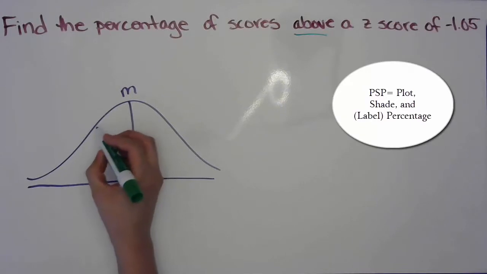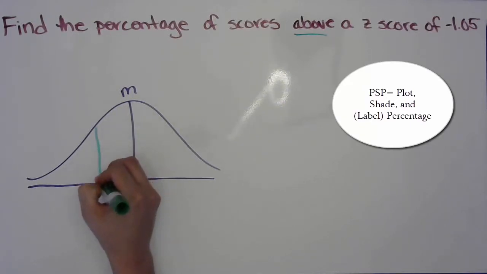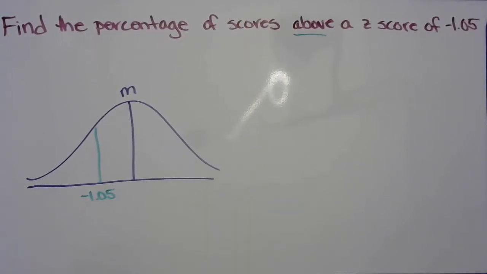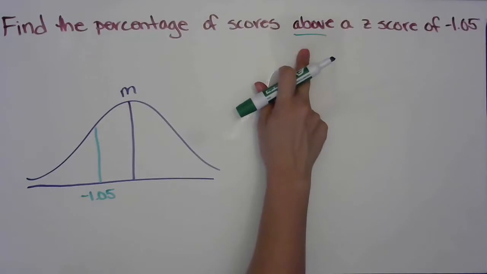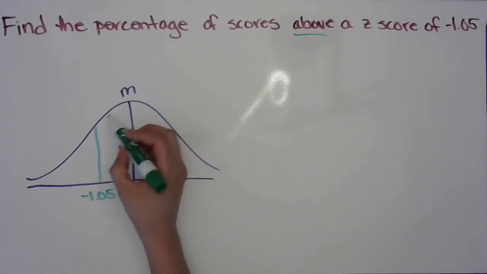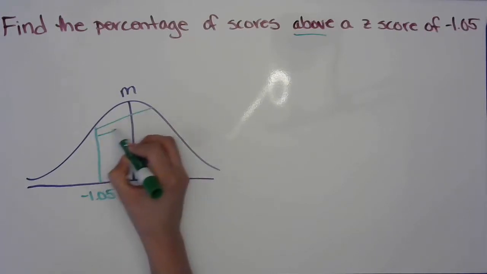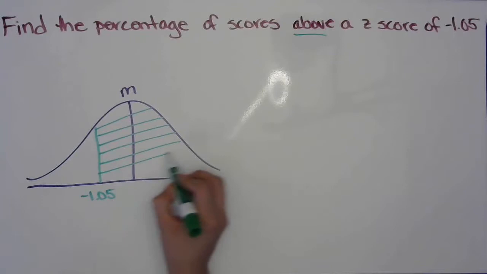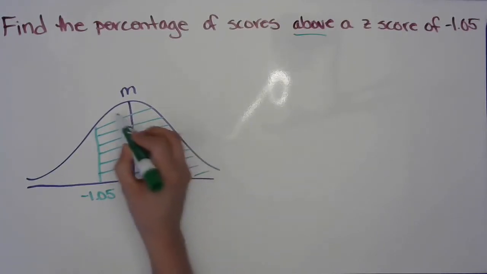So let's plot the z-score. So the z-score is a negative 1.05. Okay. And now as far as shading, since we are once again looking for above that z-score, we count everything above that z-score. So we are looking for this entire area here. All of this is what we are looking for.